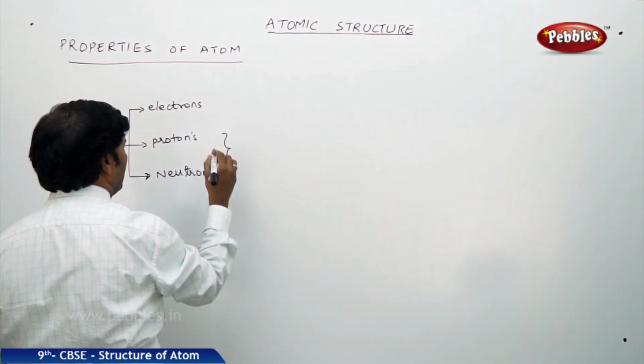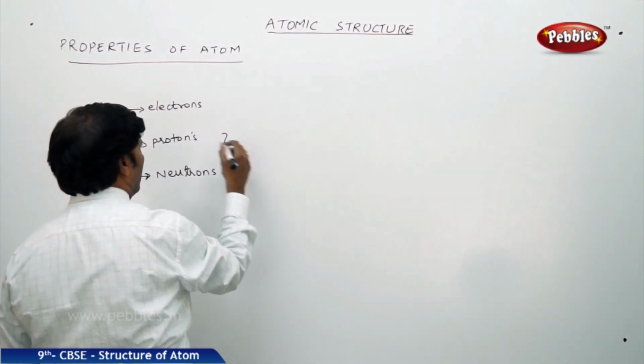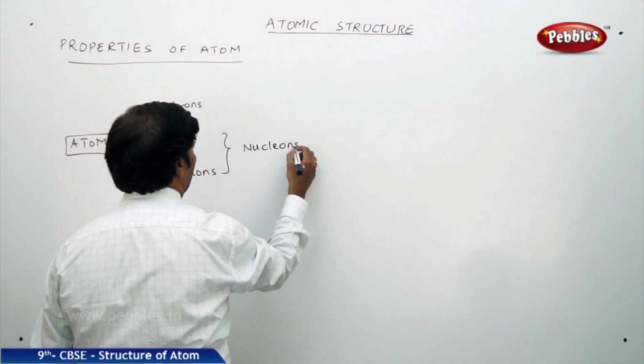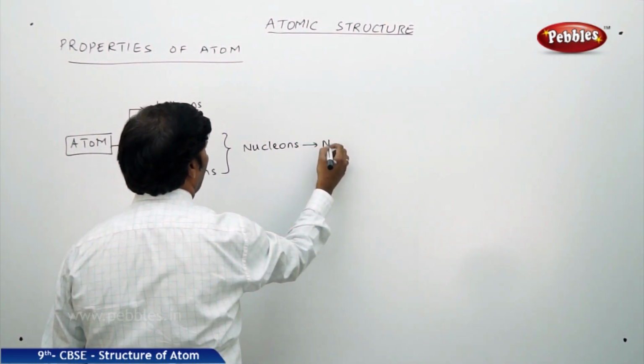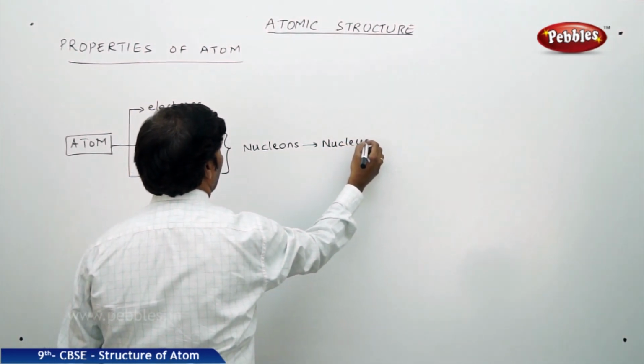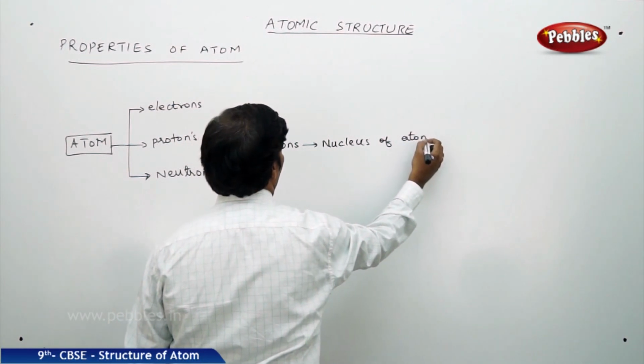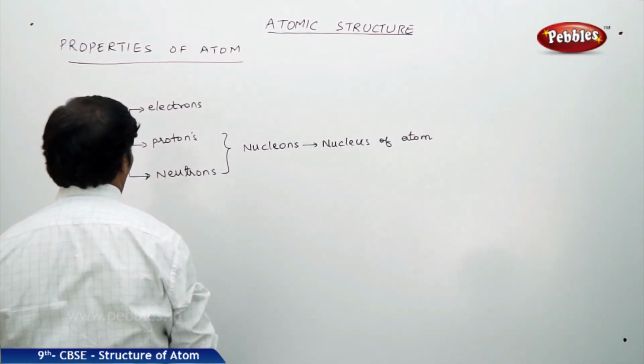Protons and neutrons together we call nucleons, and these nucleons are present in the nucleus of atom. This we already know. Fine.